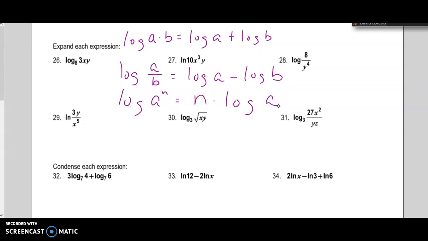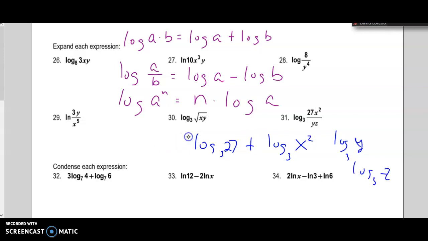So let's see. Let me do 31. I'll do 31 with you guys. All right. So for 31, log base 3 of 27, log base 3 of x squared, log base 3 of y, log base 3 of z. 27 and x squared are up top, so those are positives.